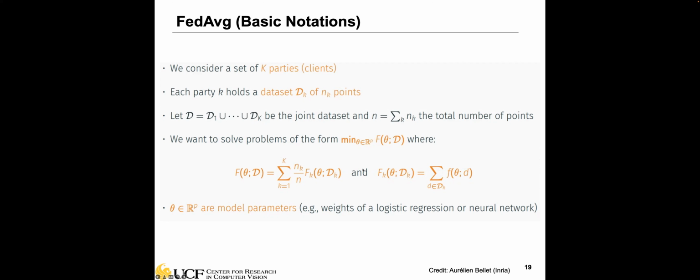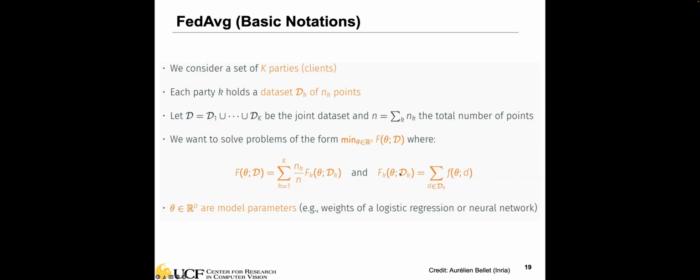And we want to minimize the empirical risk function. If you're doing image classification, you can specify a loss function, maybe you're using cross entropy loss. Each client will have their loss function, F_k, based on their local dataset D_k. Theta is the model parameter, and everyone shares the same model parameter.